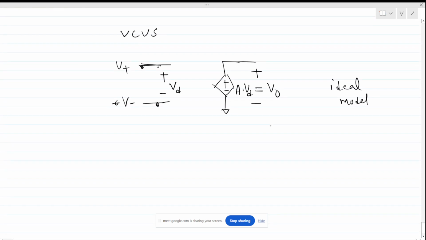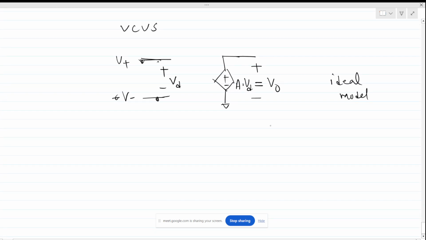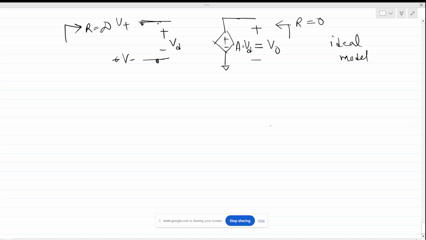Now practically, for a voltage controlled voltage source the input impedance must be infinite, and the output impedance must be zero for the ideal case. But in the practical case the model becomes this.